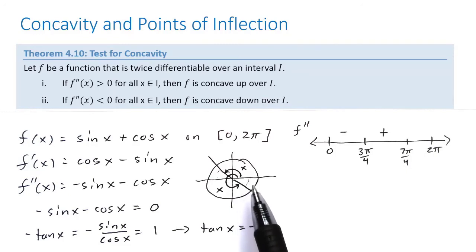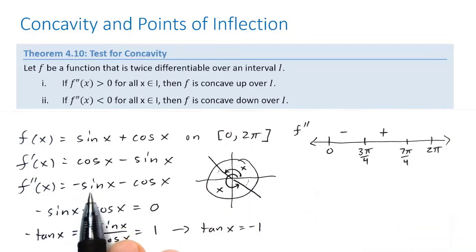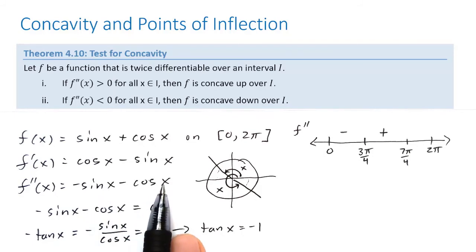What if I consider an angle of pi over 6 radians over here? That's less than the pi over 4 that would get me this way, right? So that would be negative pi over 6 radians. So sine of negative pi over 6 is negative 1/2, and cosine of negative pi over 6 is root 3 over 2, right?